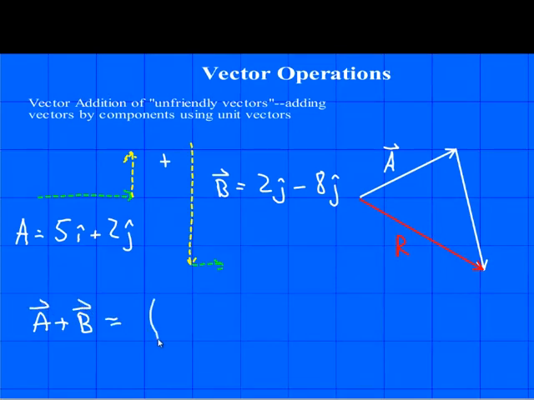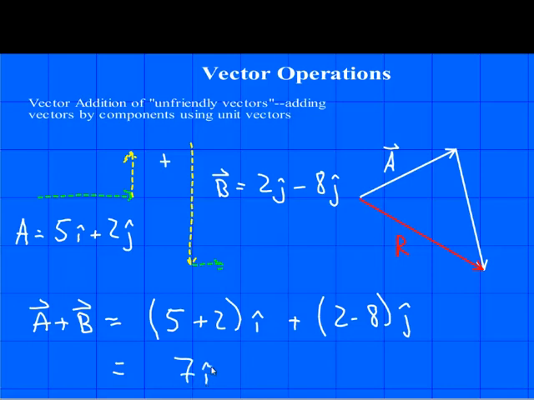You're just going to add by components. So you take the first one, 5 plus 2, i. And then the second component, or excuse me, the j components would be 2 minus 8j, right? So it's really easy, and what you get here is 7i, right, minus 6j.